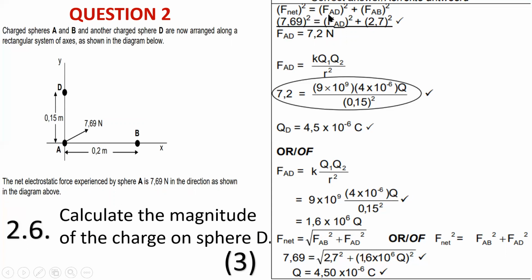F net squared is equal to FAD squared plus FAB squared, and then you are calculating it as you see in the solution. Or you can start with FAD. You are calculating FAD with the charge of D, and then you are using that one in the opposite direction. So finally, you are getting your charge on sphere D.